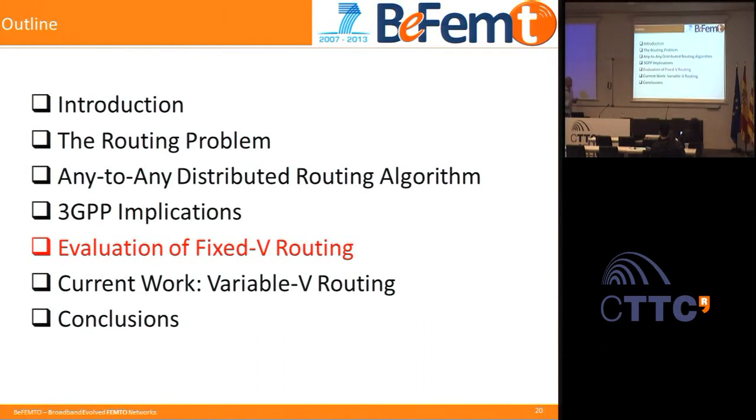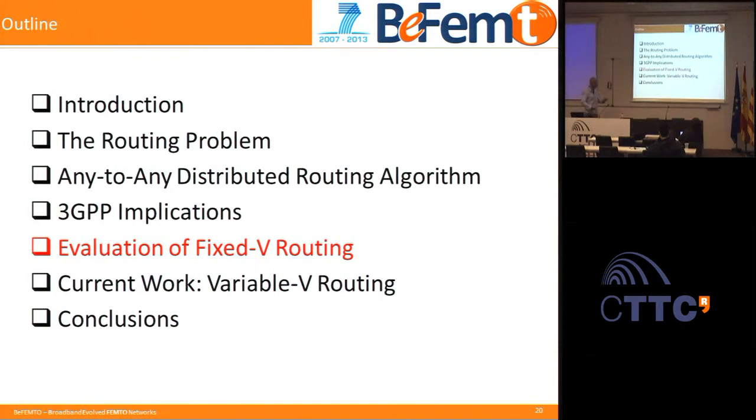Okay, so first of all, we will see a study that we made with a fixed constant V parameter, and then we will see results that we have carried out with a variable V algorithm in order to auto-configure every home node B in the all-wireless network of femtocells depending on the traffic requirements, with a higher, lower, or medium V.